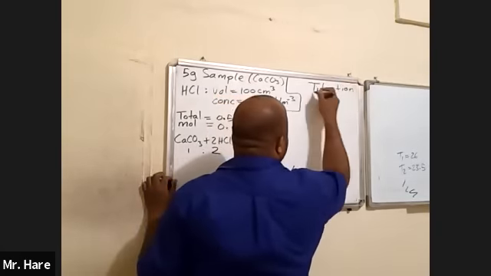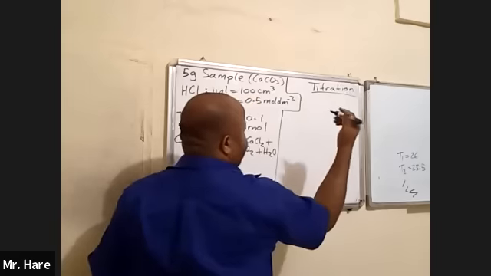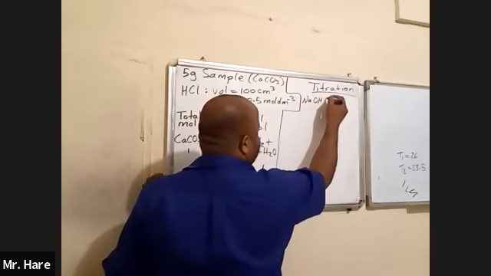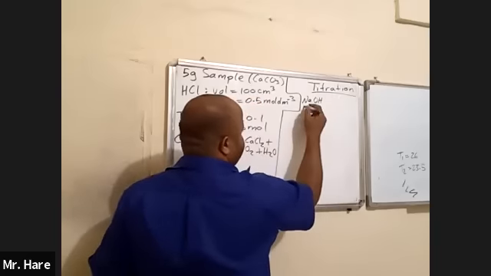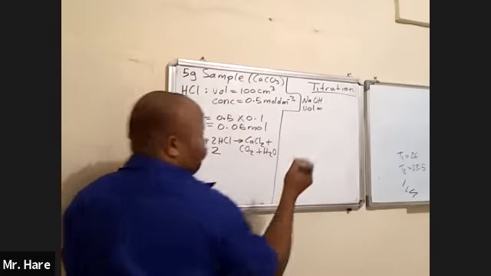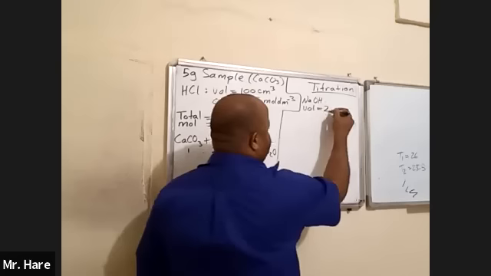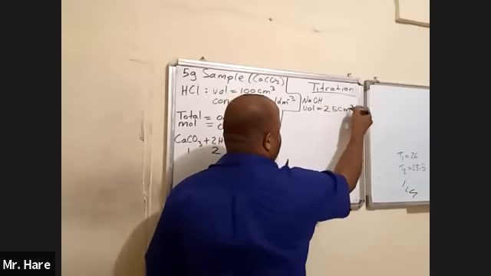Now in the titration, we have used sodium hydroxide. Remind me of the concentration and the volume of NaOH. What was the volume I gave you? 25, sir. 25, all right. And the concentration was 0.15.